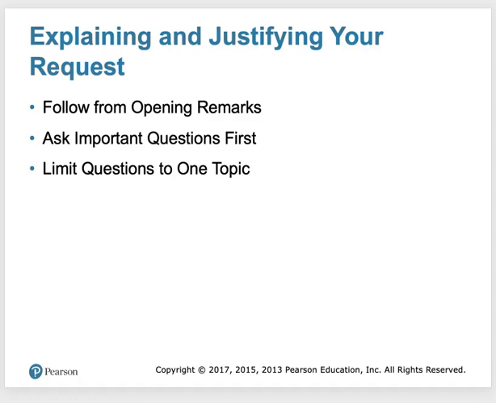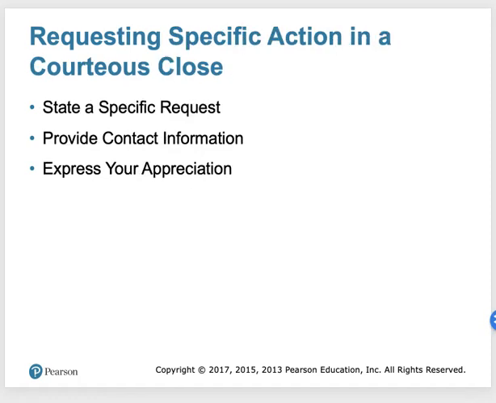And if you have multiple requests or questions, ask the most important questions first and deal with only one topic per question. If you have an unusual or complex request, break it down into specific individual questions so that the reader can address each one separately. These considerations not only show respect for your audience's time, but also give you a more accurate answer in less time.